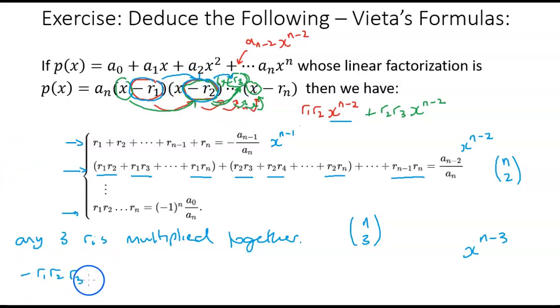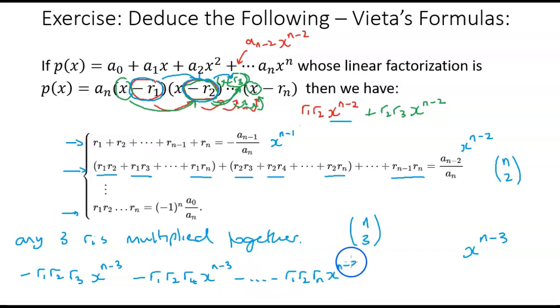And then the next one would be, so we could do r1 r2 r4, and keep going like that until we get to r1 r2 rn. And then you could go r1 r3 r4, x to the n minus 3.